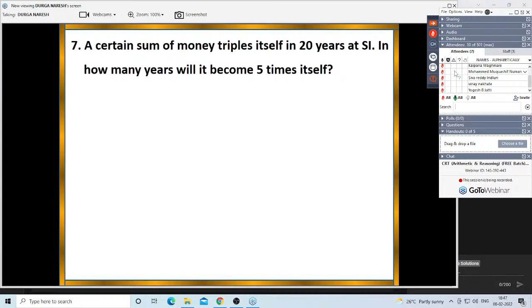A certain sum of money triples itself in 20 years at simple interest.